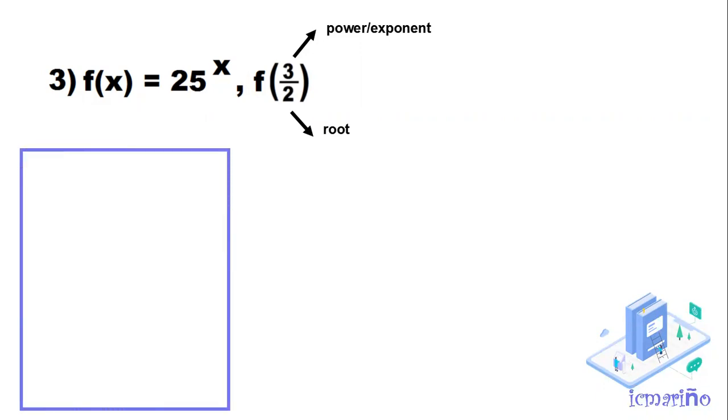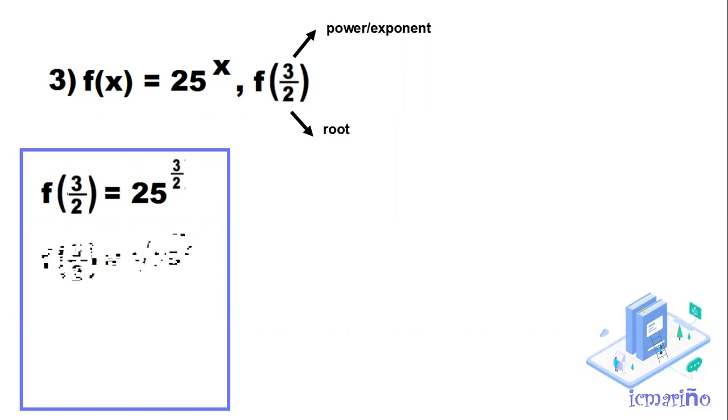So we have two approaches, or two solutions, for this. First, f of 3 over 2 equals 25 raised to 3 over 2. Again, in this example, 3 is the exponent and 2 is the root. How do we write this down?